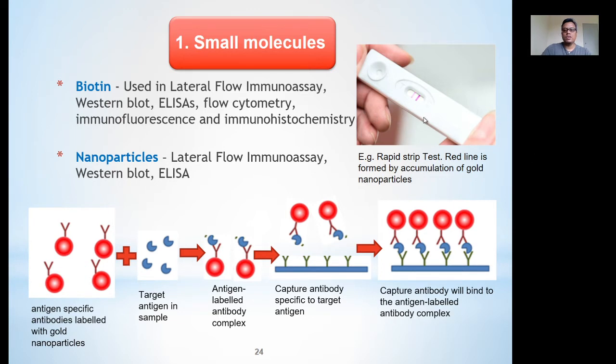And we can even find them in 7-Eleven, the pregnancy test kit. The red line here that we interpret as positive, positive means, as we can understand from how the red line is formed, it is actually the accumulation of gold nanoparticles, and when the number is large enough, they can be observed.